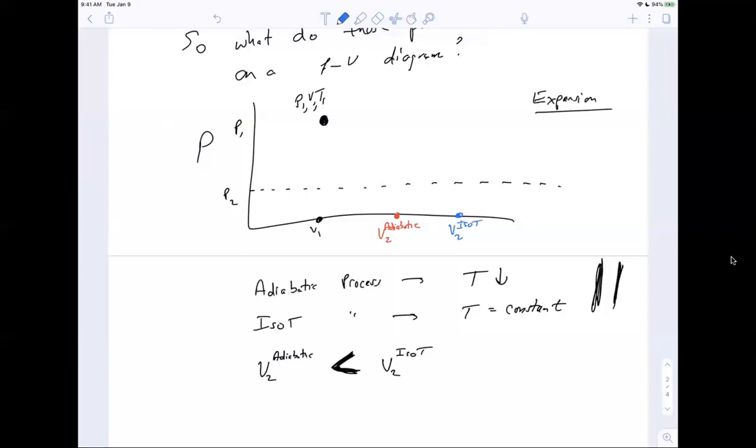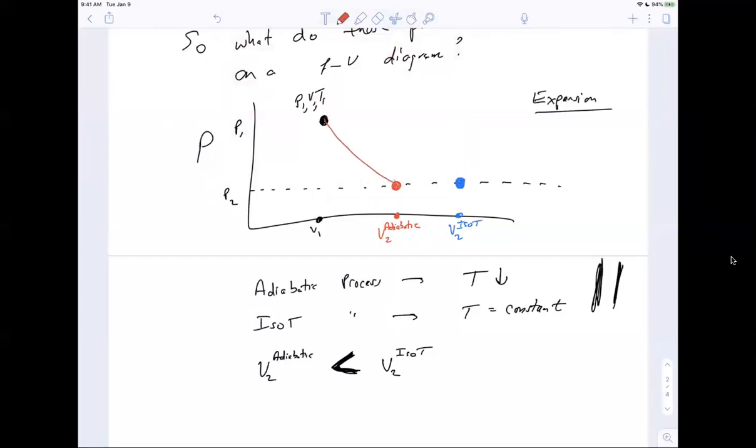Okay, because we know that V2 isothermal is larger. And we know that the same pressure exists at the second state for both of them. So we'll have P2 for the isothermal case here, P2 for the adiabatic case here. The P2 are the same. And so what the process looks like for the adiabatic case is something like this.